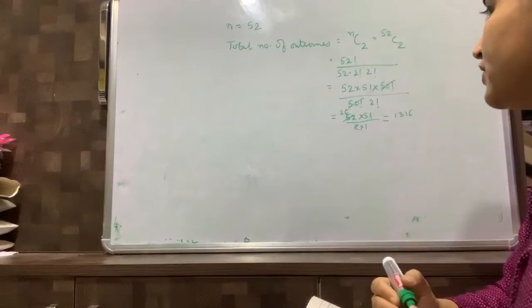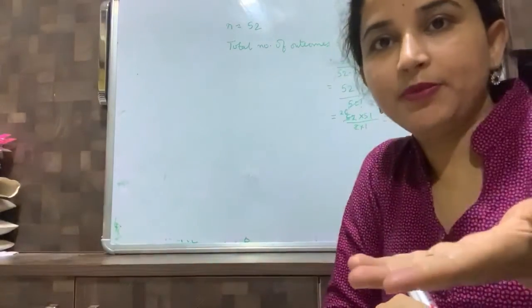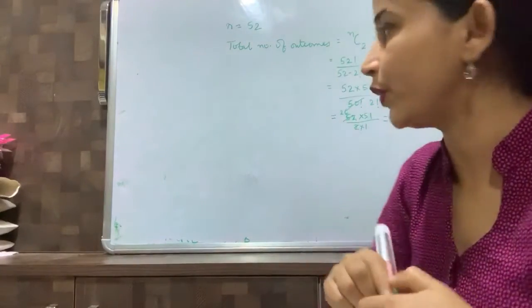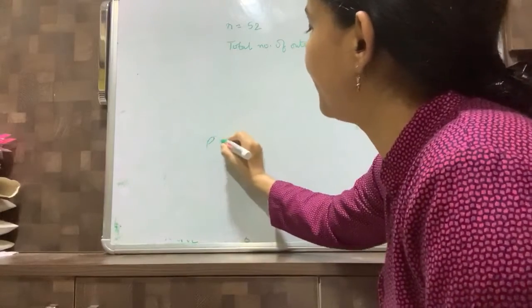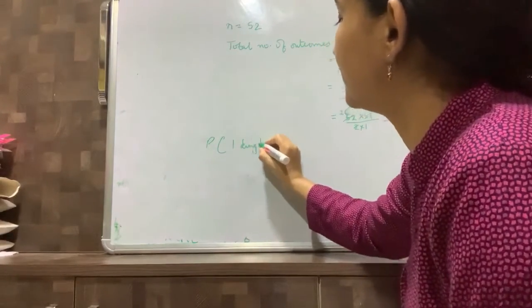Now we want to know what is the possibility or probability that one of them is a king and one of them is a queen. तो probability में of drawing one king and one queen.